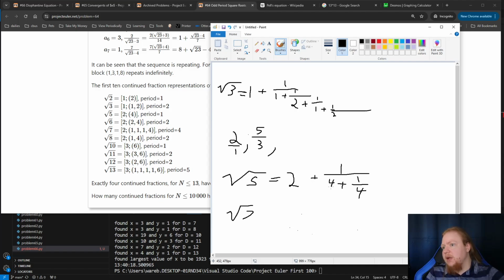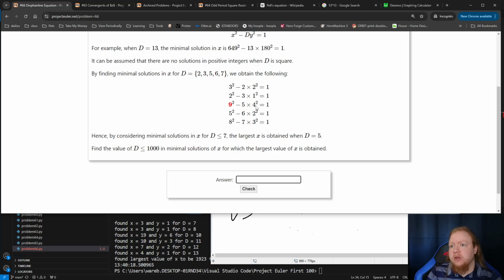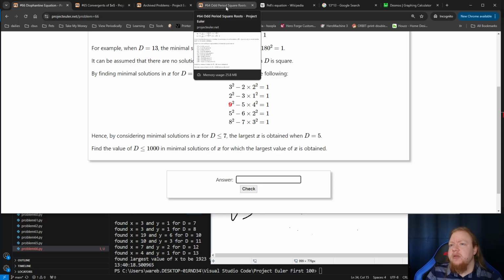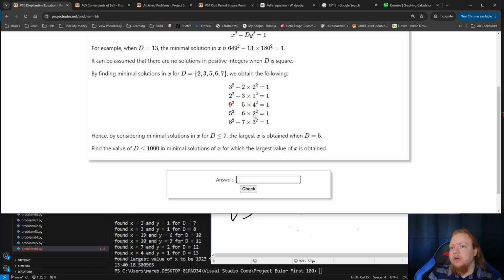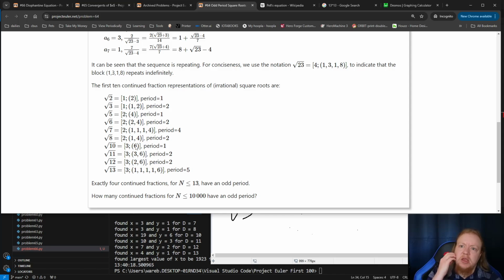And we can see here, because 2 plus 1/4 is 9/4, that's our correct answer again. Square root of 6, I believe, also is the trivial case, where it's 2 plus 1 over 2. So 5/2. And 7 the trivial case, so 7 is 3 plus 1 over 1. Or sorry, 7 is 2 plus 1 over 1, which is 3.